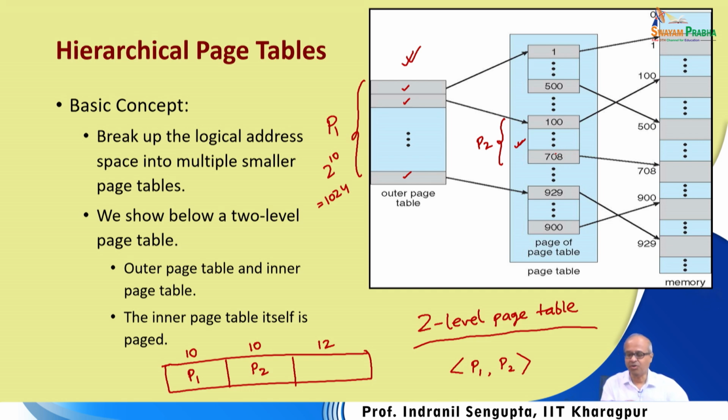This second level page table is sometimes also called the inner page table. So, depending on the outer page table access, you select one of the inner page tables, and the inner page table is accessed by P2, and by accessing it you get the final frame number. The only thing is that instead of one memory access to access the page table, here you will require 2 memory accesses, one for the outer page table and one for the inner page table.